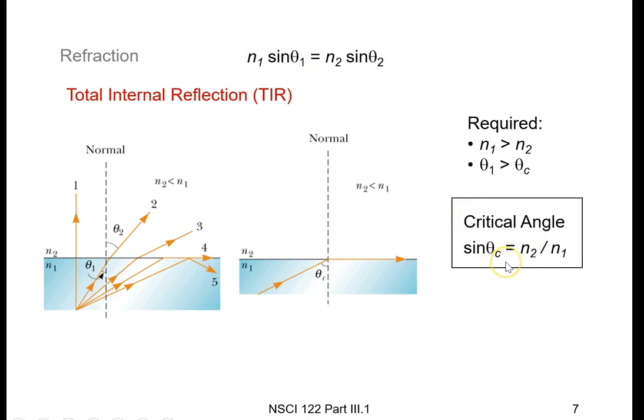So on your calculator, you can take the inverse sine, sometimes called the arc sine, of n2 over n1, and that will give you the angle. You might recall from trig that to find the angle of a trig function, you take the inverse trig function. So that is the critical angle and TIR.